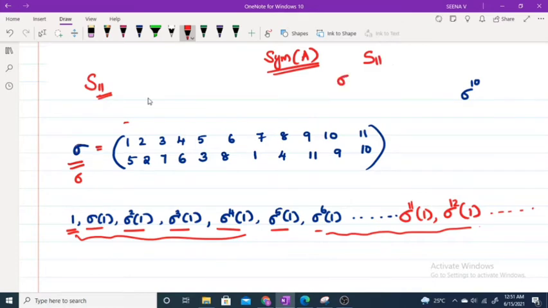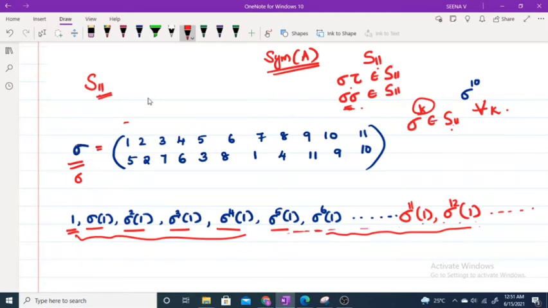That means if you operate sigma and tau in S11, sigma tau again belongs to S11. So if you apply sigma sigma, then sigma sigma must be in S11. So if you repeatedly apply this, all the powers like sigma raised to k also belong to S11 for every k. That means this is again a permutation in S11. So if you look at the elements, these elements may be repeated, because this is a finite set.